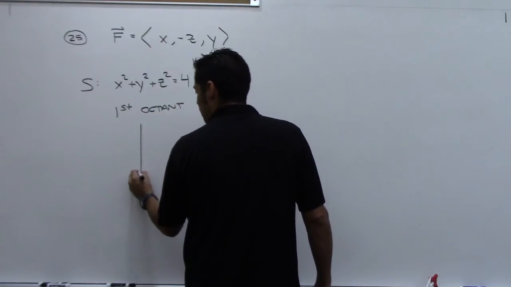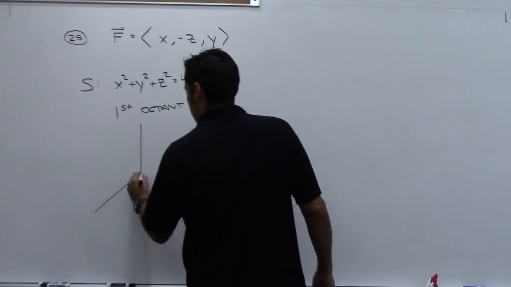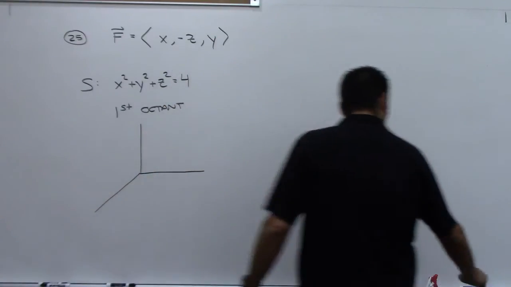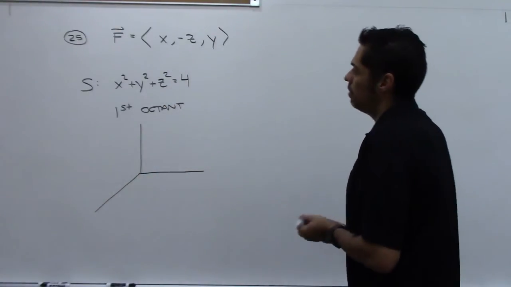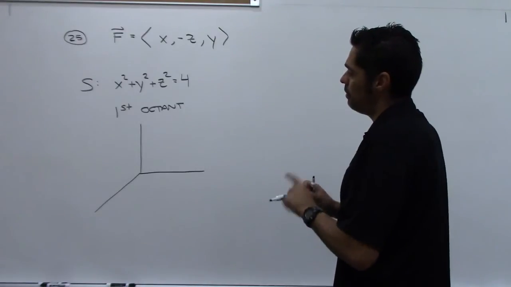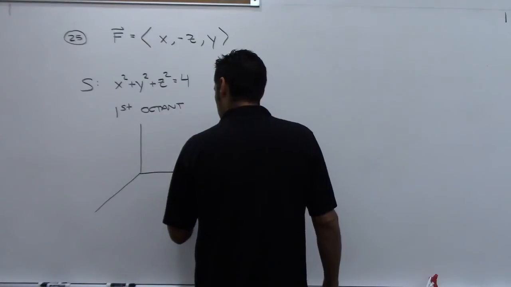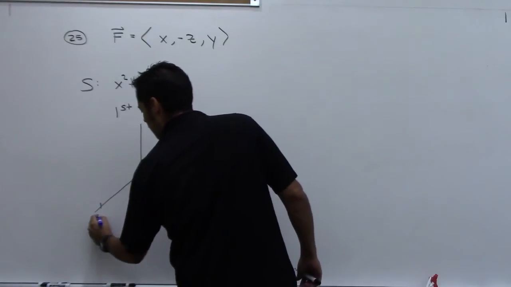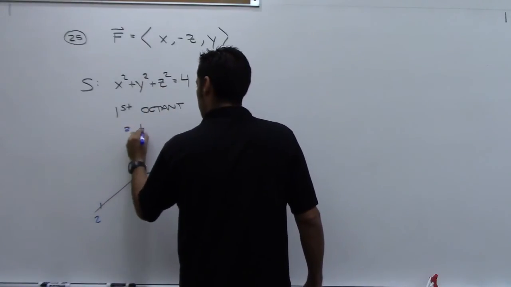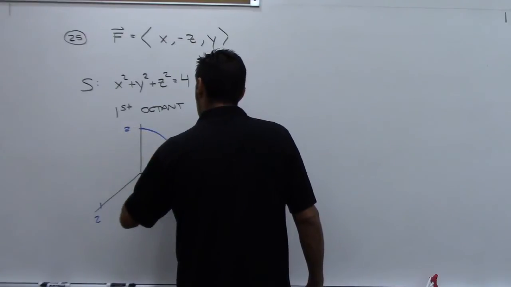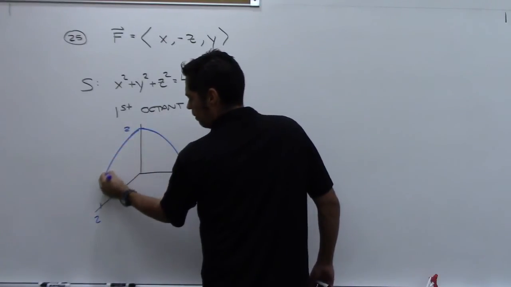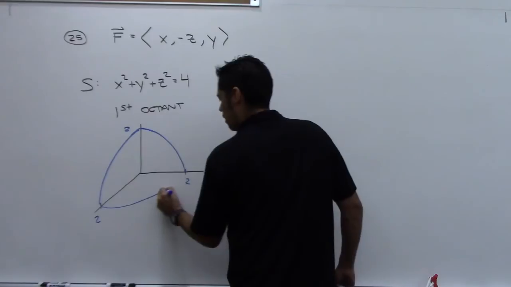Well, first thing we need to realize is what we're working with here as far as the surface. So we're in the first octant, and we're looking at a part of the sphere, the surface of the sphere with radius 2. So the back side's like this. This curves over like this.